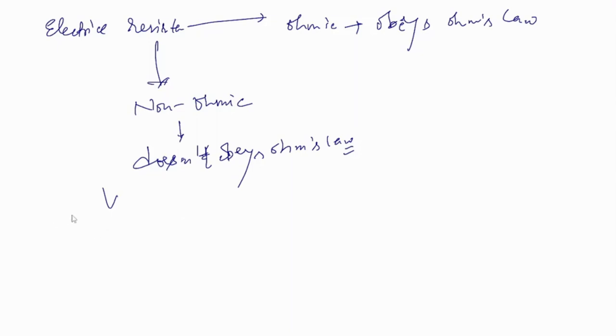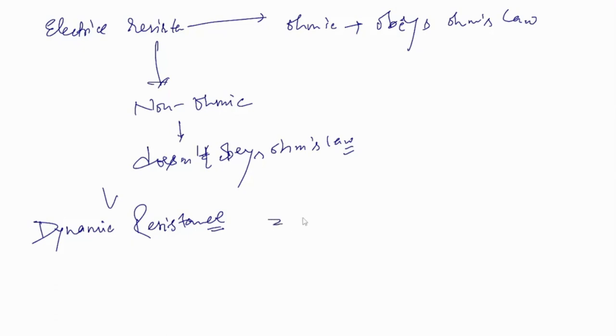The next thing is your dynamic resistance. Dynamic resistance of a conductor is the ratio of change in voltage to change in current.